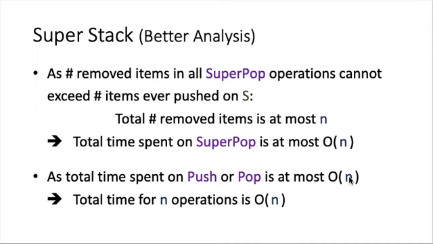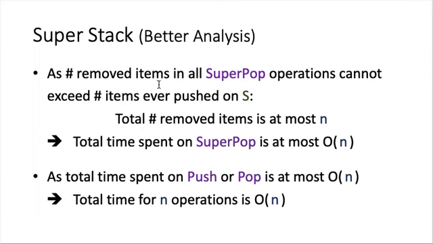So let us take a look at the following better analysis. First of all, the number of removed items in all super pop operations cannot exceed the number of items that are ever pushed on the stack. In order to have removed, we must have pushed.